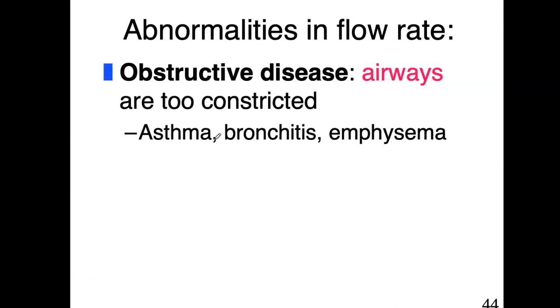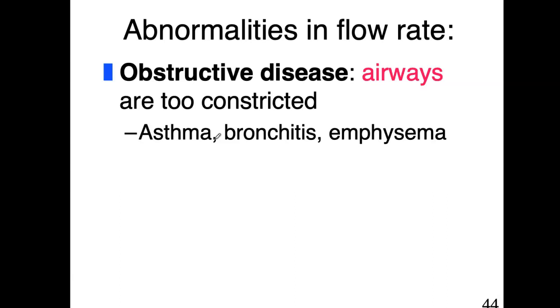We use two names here for the different kinds of conditions that are respiratory pathologies. One of them is an obstructive disease. When we mention a disease that is of an obstructive nature, what we mean is that it's a problem in the airways.